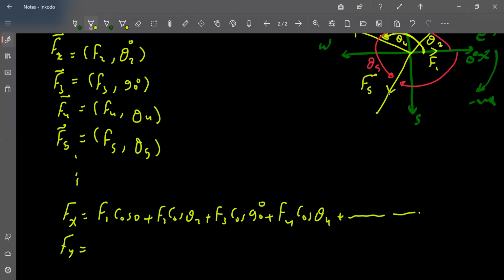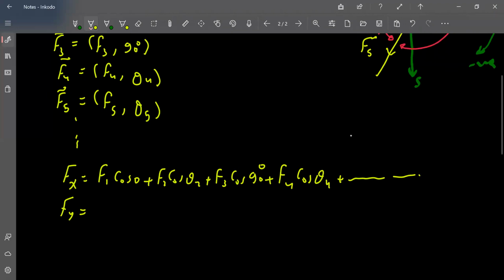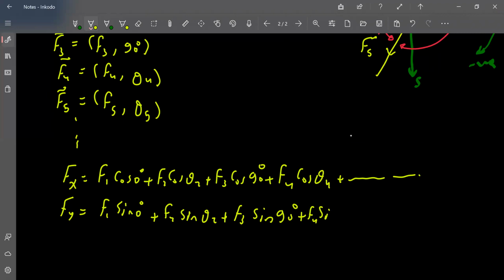Fy is the same, but instead of cosine, we use sine. So F1 sine 0 plus F2 sine theta 2 plus F3 sine 90 plus F4 sine theta 4, and so on.